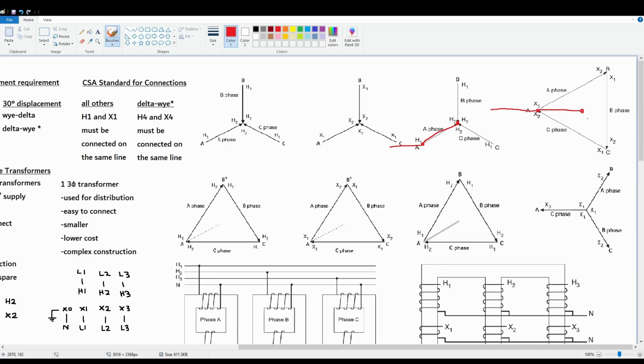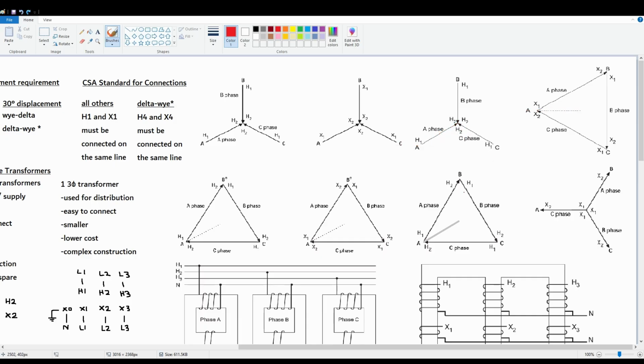So that means that there's a phase displacement. Because let's say this is 0 degrees, this is going to be leading the low voltage side by 30 degrees, right? And this is going to be at 0 degrees, right? So that's going to be at 0, and this is going to be leading the low voltage side by 30 degrees.